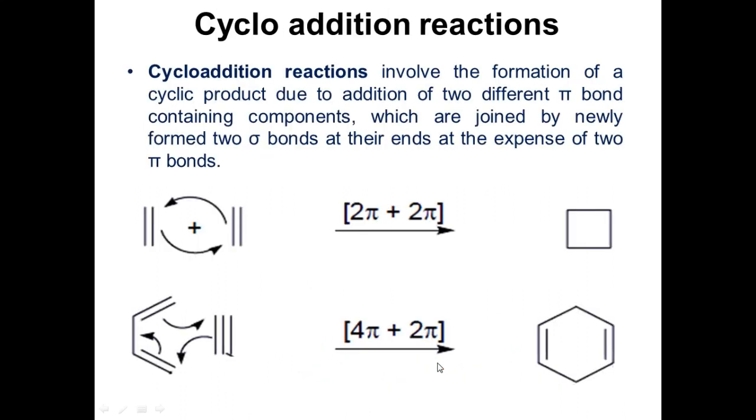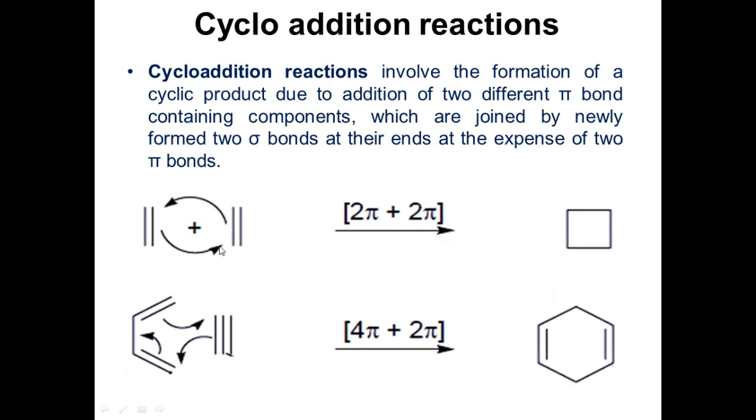Then next, the cycloaddition reaction. What are cycloaddition reactions? They involve the formation of a cyclic product due to the addition of two different pi-bond containing components, which are joined by two newly formed sigma bonds, at the expense of two pi bonds.